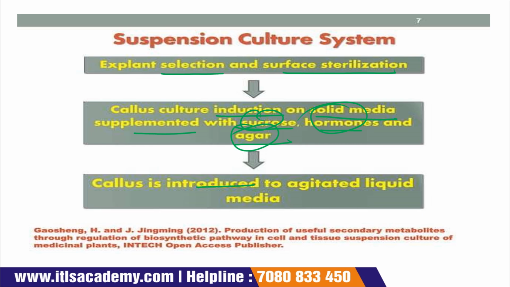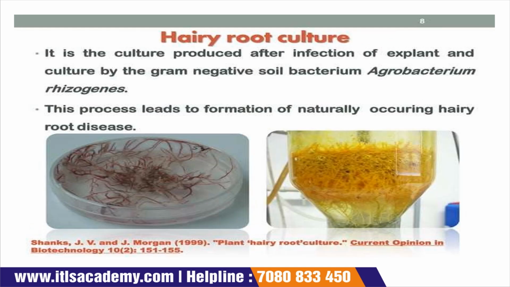Okay, now callus is introduced into our agitated liquid media. Now the next is hairy root culture. This type of culture is produced when infection of the explant takes place.